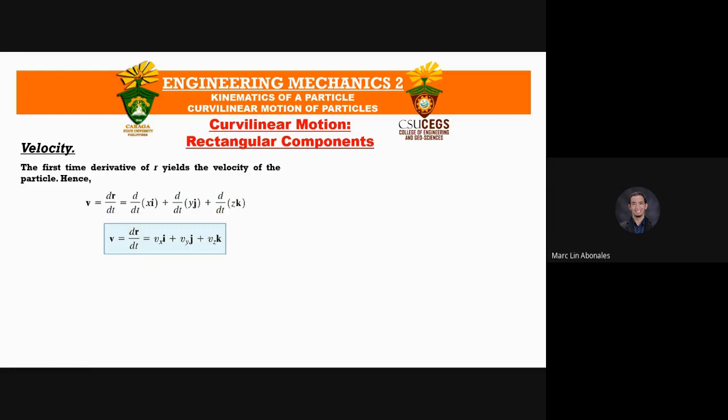So vx, vy, and vz are the three rectangular components of your velocity. The x component of your velocity is the first derivative of x with respect to time, the same with the y component of your velocity, which is vy, and also the z component, which is your vz.